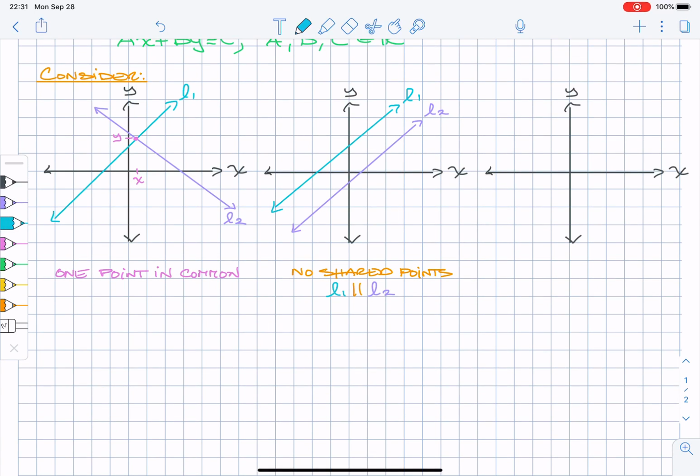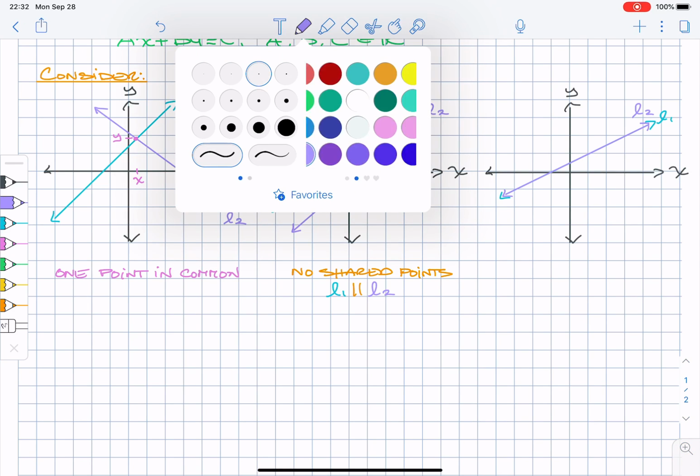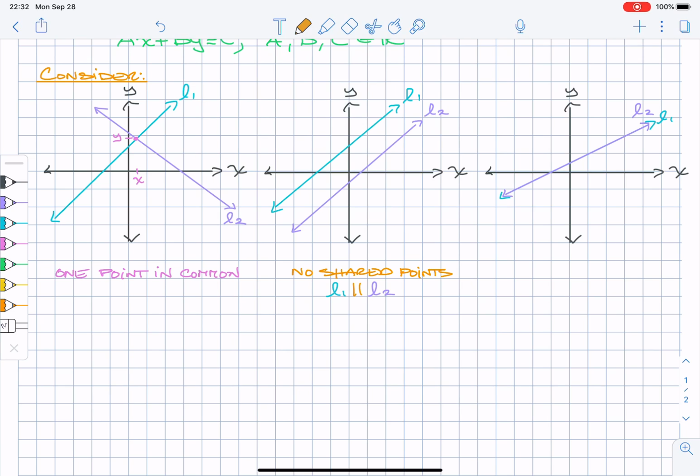Okay, now let's do another. Let's say we have line 1 here. But let's say we also have line 2 here. So in this case, they are the same line. So, how do I want to say this?